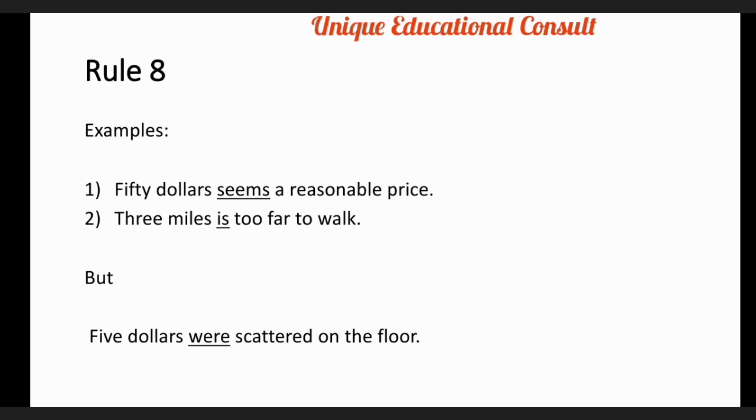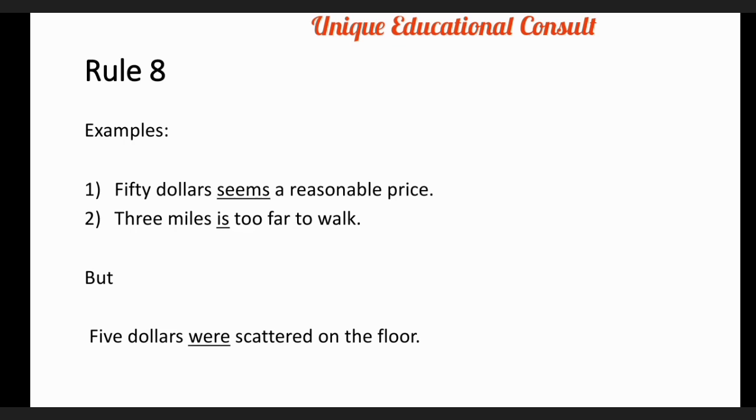Let's look at the example of this. $50 seems, you can see that we have a singular verb there. $50, dollars with S, seems, singular verb. $50 seems a reasonable price. The reason for this is, not minding the S with dollars, $50 is just one note. That is why we have a singular verb. I hope this is clear.